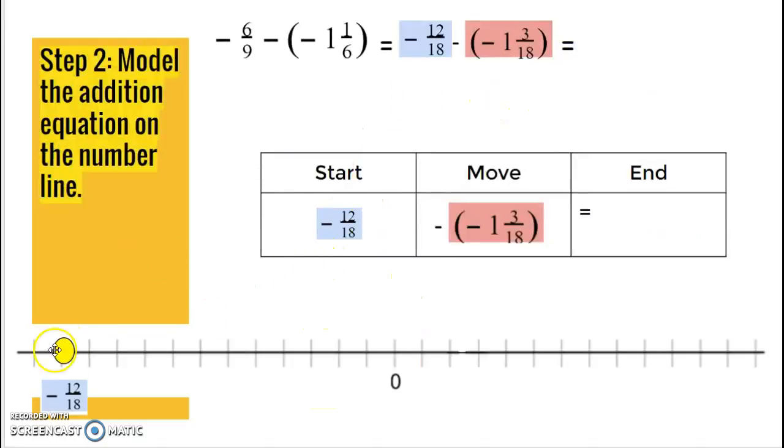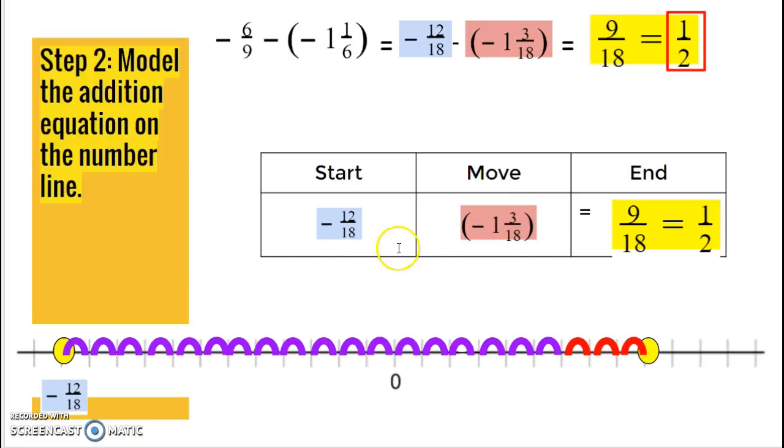So we start at the first number, negative 12/18, and then we're going to take away a negative 1 and 3/18. Minus a negative means we will move to the right. And if you want to think about it this way, a whole number means like I have to move 1 and 3/18. That means a whole is worth 18 spaces since it's broken into 18.